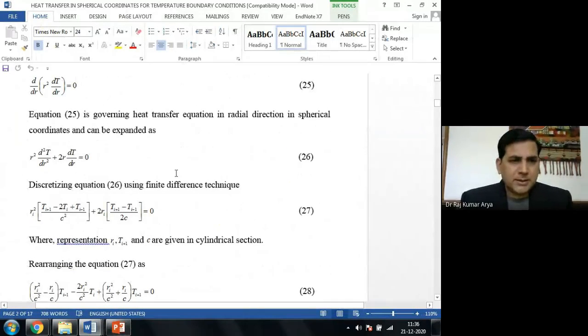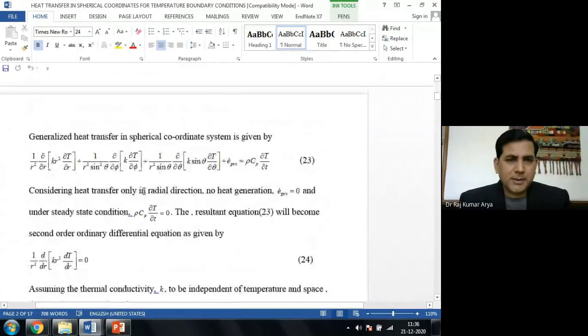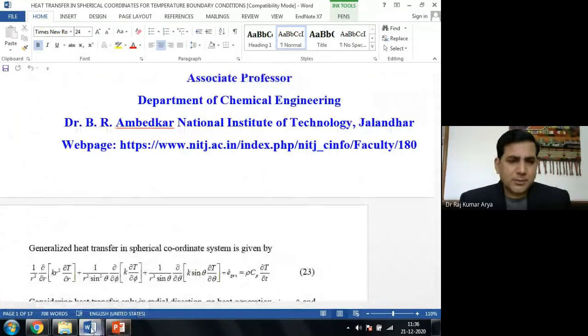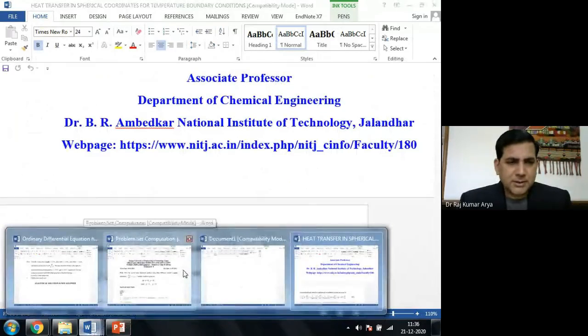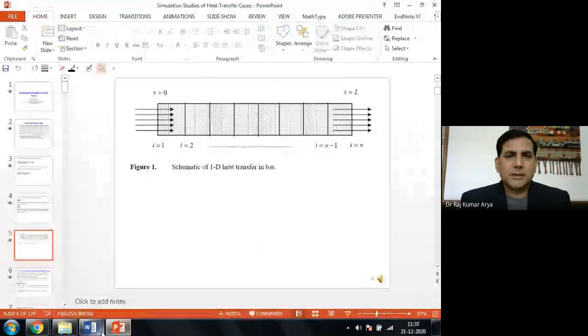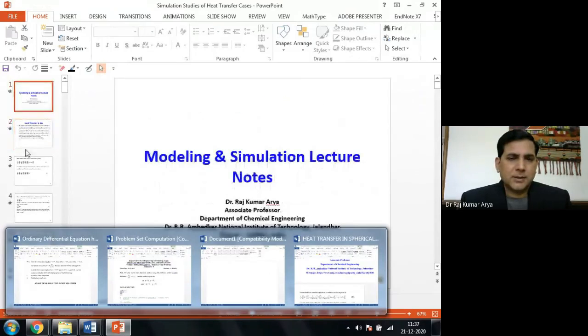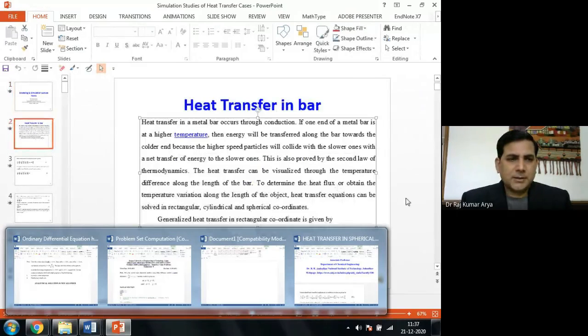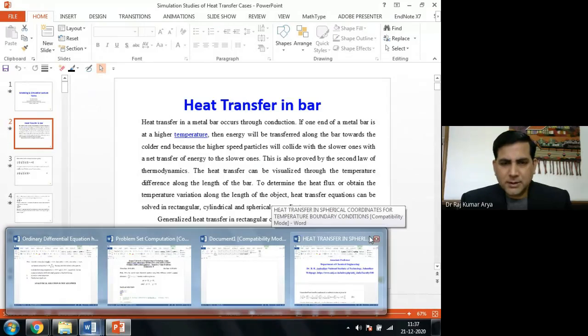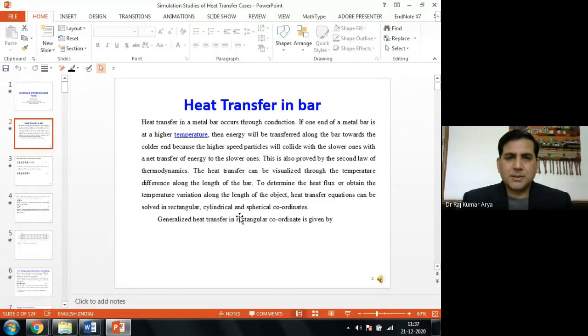Probably we can start with cylinder. No, let's start from metal ball. Differential equations, spherical. This one actually. So what we have, are you also seeing the multiple files?